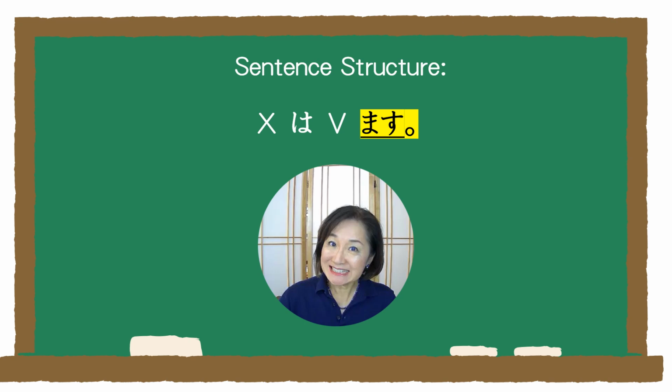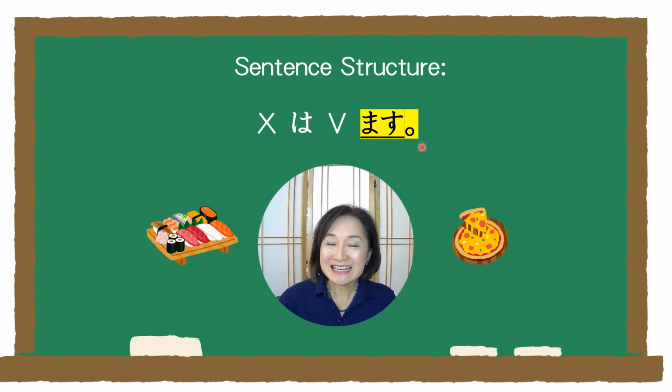In today's lesson, though, we want to put the focus on how to use the particle mo with sentences with verbs. So if I want to say, I eat pizza and I eat sushi too, then I have to follow a specific rule. To find out those rules, let's start by reviewing some of the particles that we have studied so far.